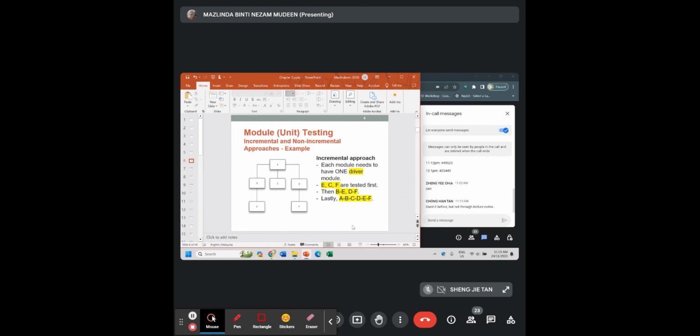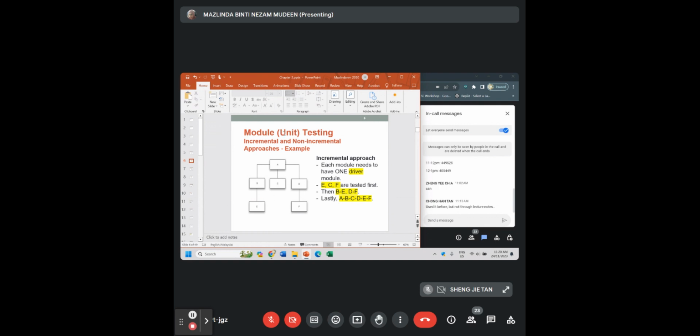Okay, got it? Clear? If we are using the top-down strategy, then we might need the stub to replace the lower level module to be called by the higher level module. So the driver will be calling the lower level module functions, while the stub is being called by the higher level module.